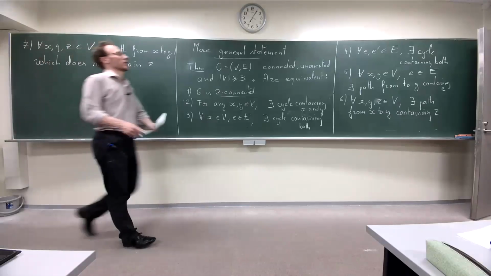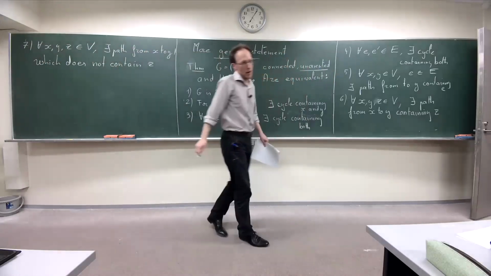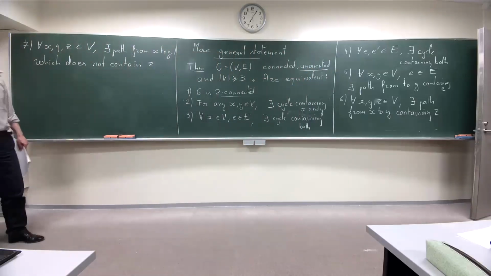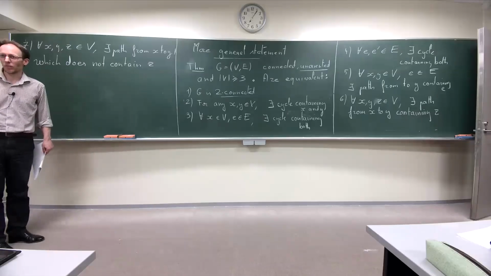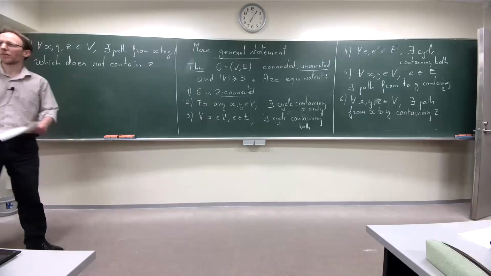Be careful, this statement is for unoriented graphs. I can still speak about a path from x to y, but in this case, it's the same as a path from y to x. The orientation is not important. Or maybe I should have written a path between x and y, because it's not important here.